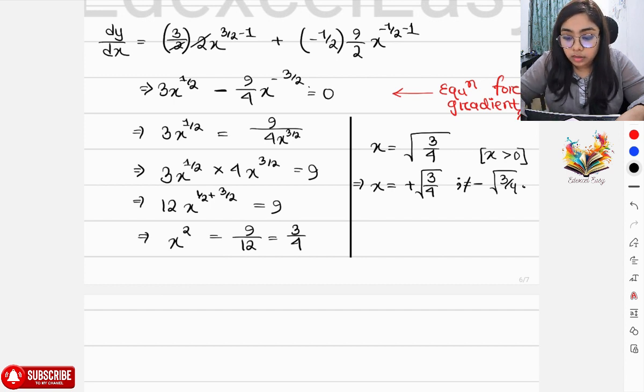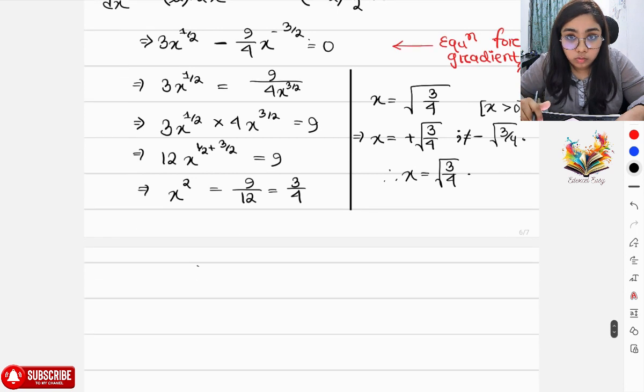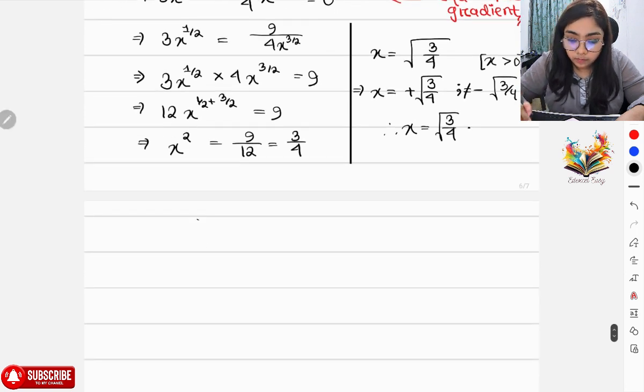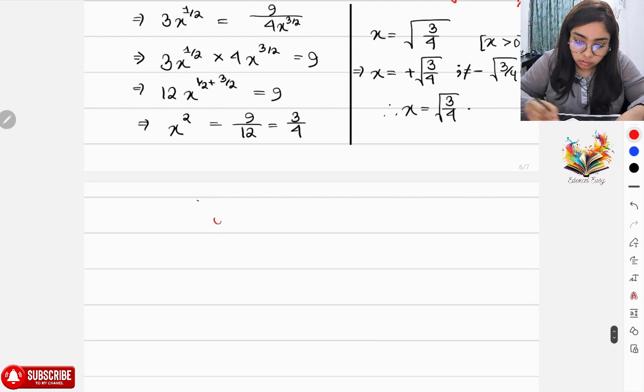Now, the question is done up to this much. That's what the question was asking you, root of 3 over 4. But in some cases, they might also want to find out the value of the y coordinate for this point. How would you calculate that? Now this is an extra, so I'll write this in red.